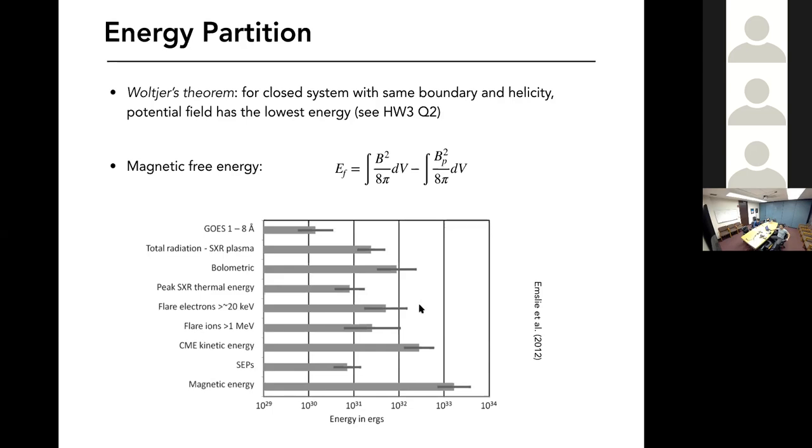But this is still in debate. In any case, all this energy, if you add it all together, and if you are confident that you have counted everything, should be the same as the free magnetic energy dissipated in the flare. And that is a small portion of the total magnetic free energy. So that's the basic idea.